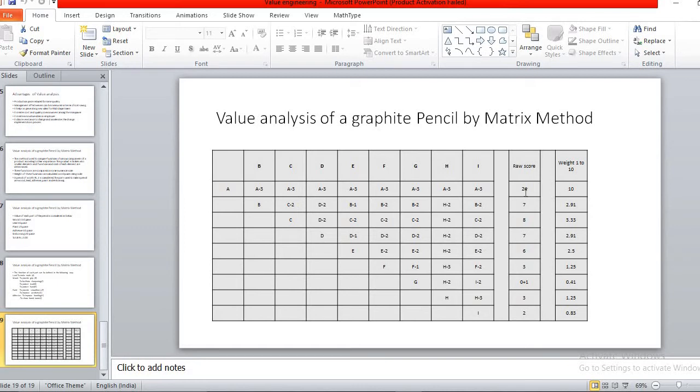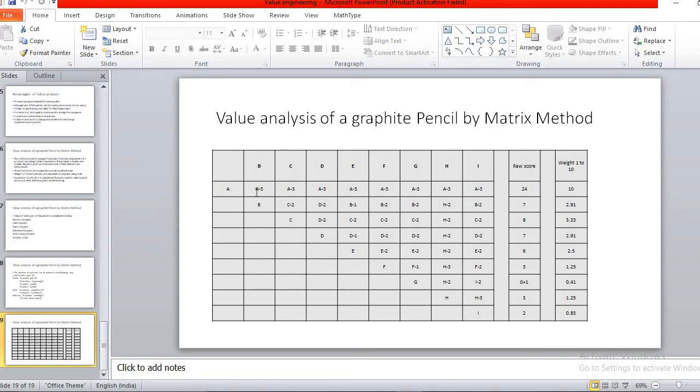So for this element, function A, 24 is a summation of the weightage given to this function. So 3 plus 3 plus 3 plus 3 plus 3, 8 times, gives 24. It is a 24 raw score for this function A.